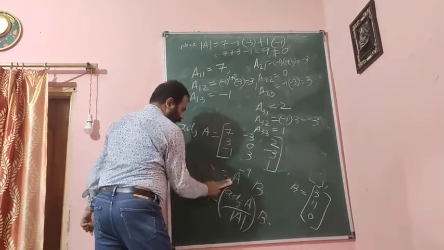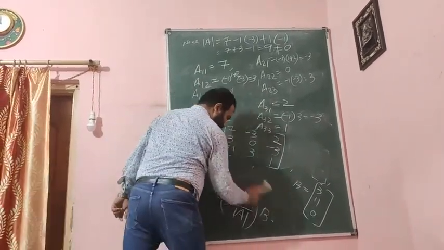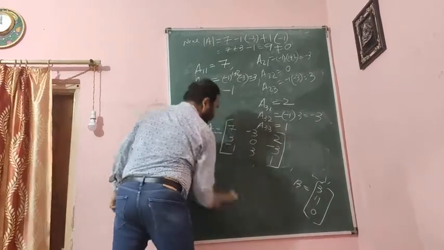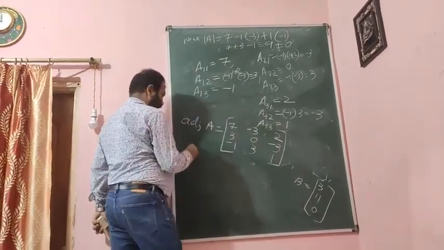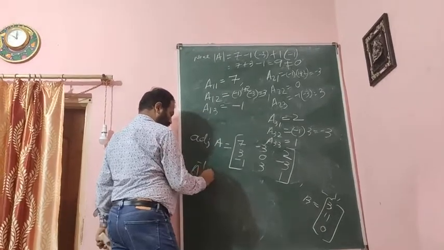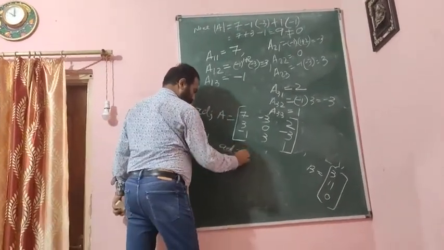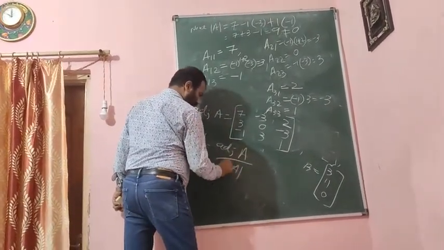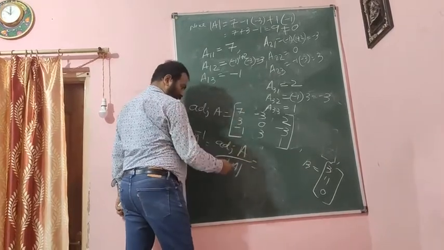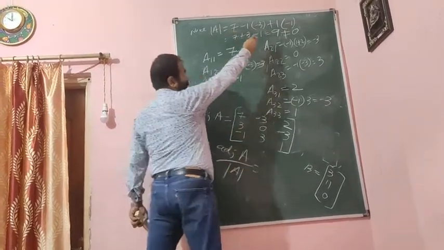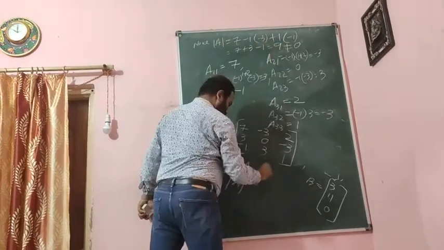So then, what is A inverse? You know, A inverse equals adjoint of A divided by determinant of A. So, meaning 1 by determinant of A, that is 1 by 9. Determinant is 9 here, so 1 by 9.